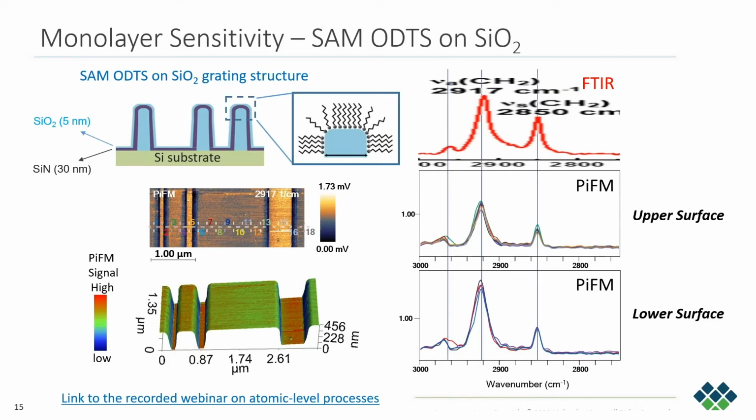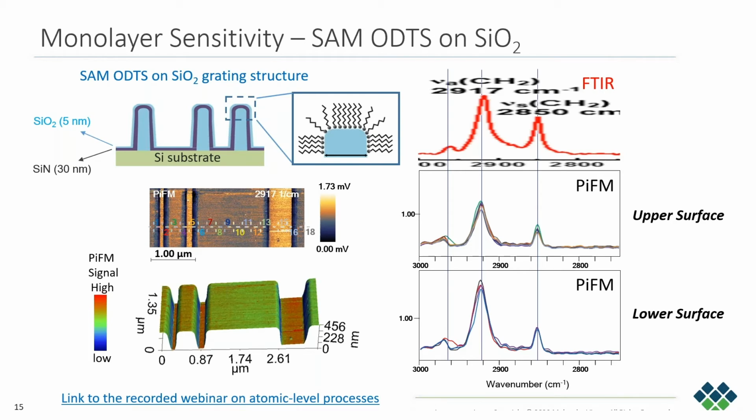Here we're looking at a self-assembled monolayer of octadecyltrichlorosilane on top of silicon oxide. The substrate is a silicon oxide grating covered with 30 nanometers of silicon nitride and 5 nanometers of silicon oxide. On top of that 5 nanometers of oxide, the ODTS self-assembled monolayer is formed.